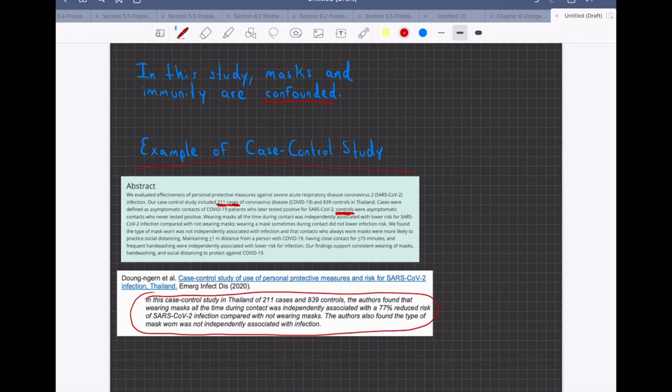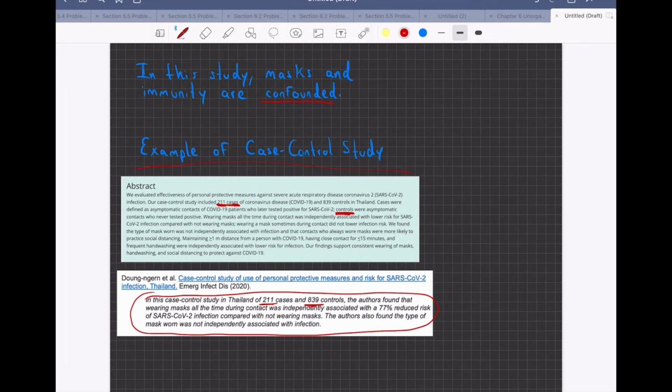In this case control study in Thailand of 211 cases and 139 controls, the authors found that wearing masks all the time during contact was independently associated with a 77% reduced risk of SARS-CoV-2 infection compared with not wearing masks. The authors also found the type of mask was not independently associated with infection.